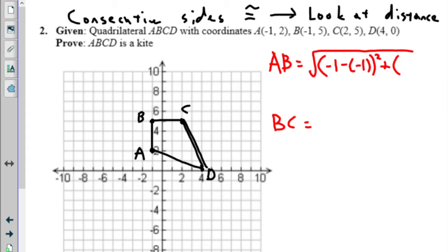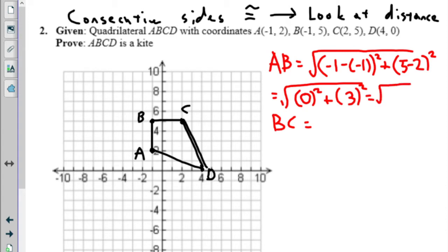The y coordinates here are 5 and 2, so we're going to subtract those and square it. And that will equal -1 minus a -1 is -1 plus 1, which is 0. 5 minus 2 is 3 squared. So we'll look here, 0 squared is 0, 3 squared is 9, so we get the square root of 9, which is 3.